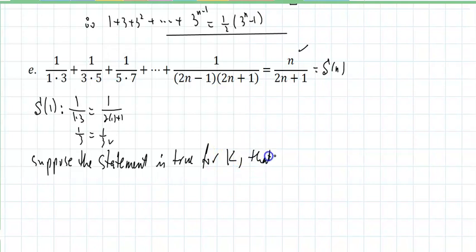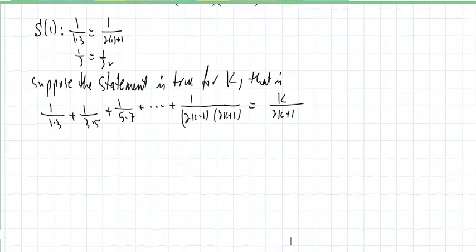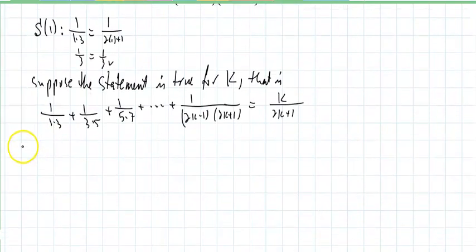That is, suppose that S sub k is true basically. 1 over 1 times 3 plus 1 over 3 times 5 plus 1 over 5 times 7 plus up to 1 over (2k minus 1) into (2k plus 1) equals k over (2k plus 1). Very simple. Then what? Then we're going to go for the next, S of k plus 1.